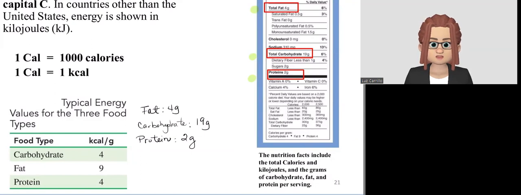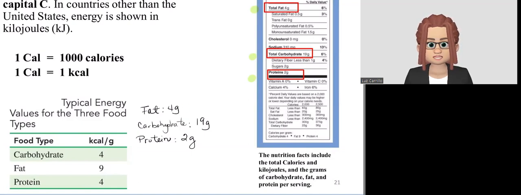Next, we are going to look at the typical energy values for the 3 food types that actually generate energy when it is placed in the body. For fat, we can observe that every gram of fat is going to correspond to 9 kilocalories of energy in that food.